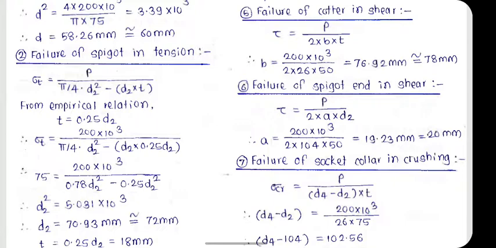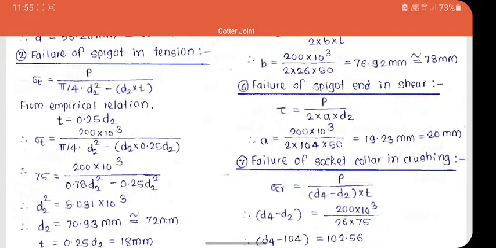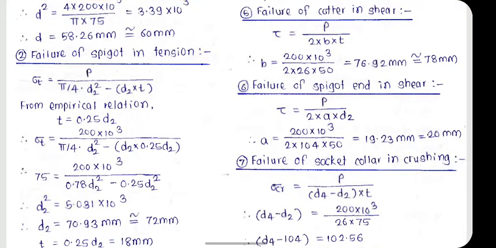As we know from empirical relation, thickness is equal to 0.25 d2. So put this value in above equation. So the equation will be sigma T is equal to 200 times 10 raised to 3 divided by pi by 4 d2 square minus d2 multiplied by 0.25 d2. Okay, so put the given values, that is stress as 75 megapascal, force as 200 times 10 raised to 3 Newton, and the other values which we have already put in above equation.